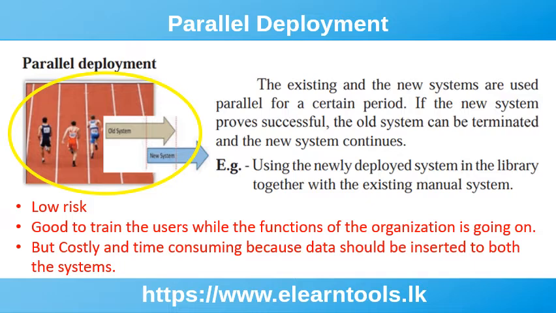There is low risk. Good to train the users while the functions of the organization is going on. Then we no need to allocate another period of time to train the users while they are doing the current work in the office. They can make use of the new system and also they can get used to the new system, but costly and time consuming because data should be inserted to both the systems.